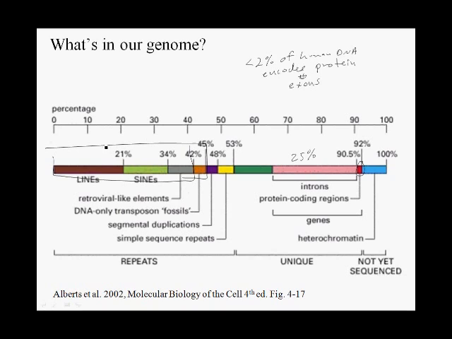All of these DNAs belong to the category of transposable elements. These are a fascinating category of DNA sequences. What they do is you can think of them as selfish or infectious DNAs.